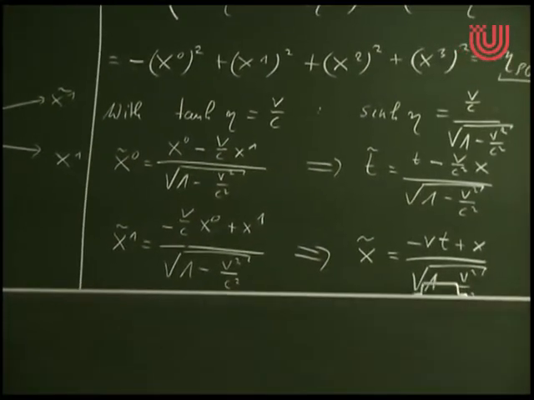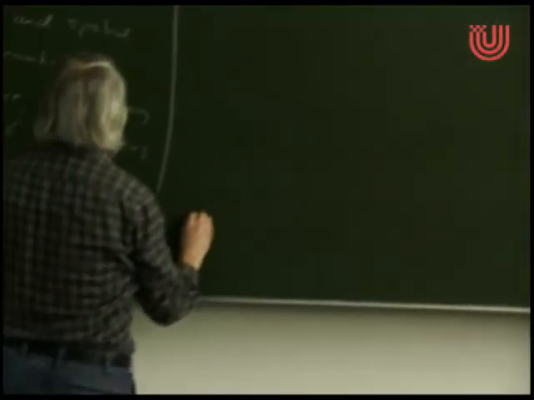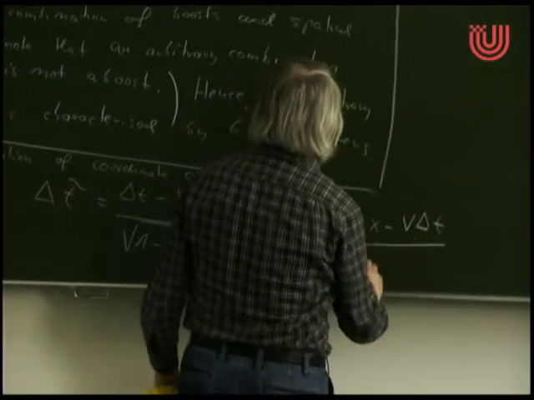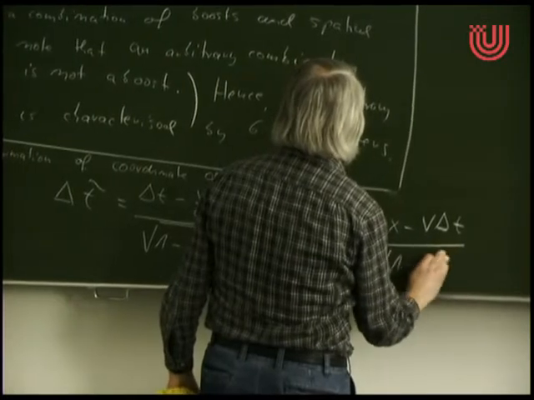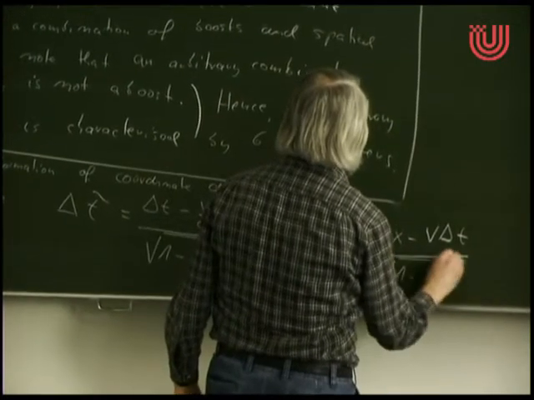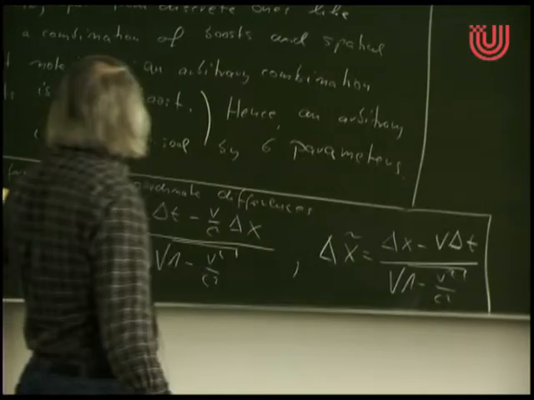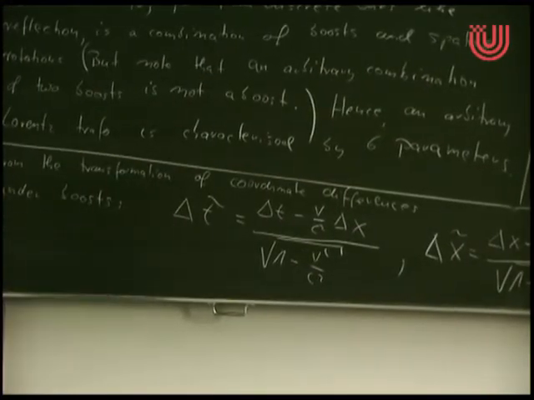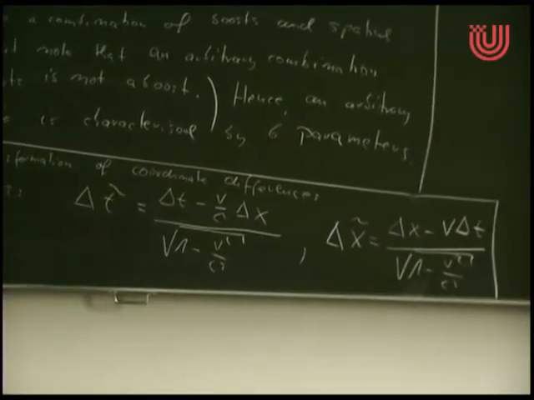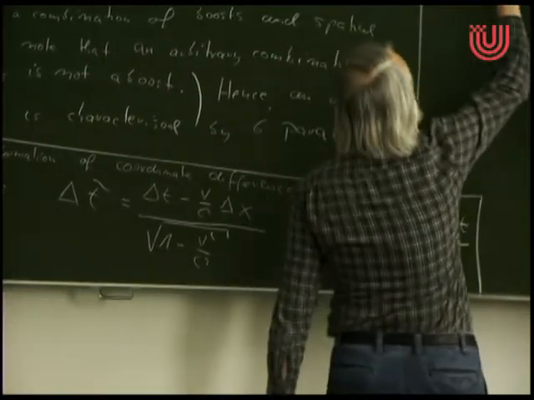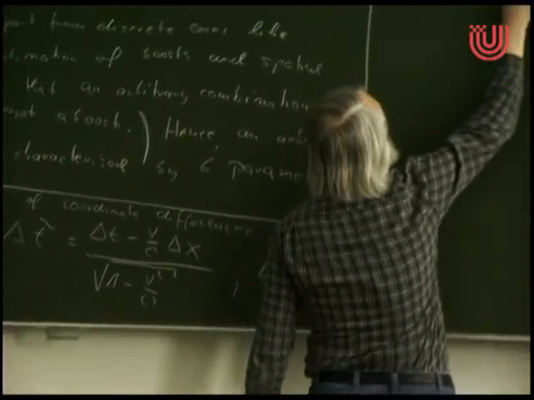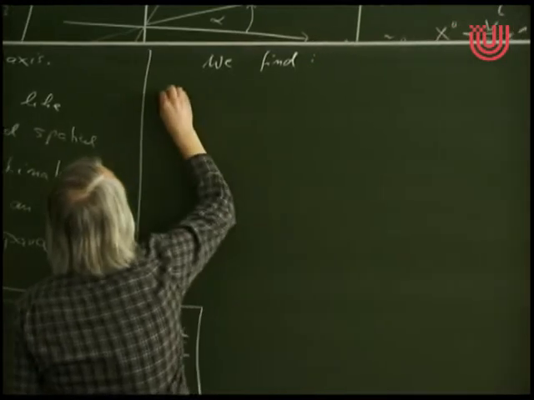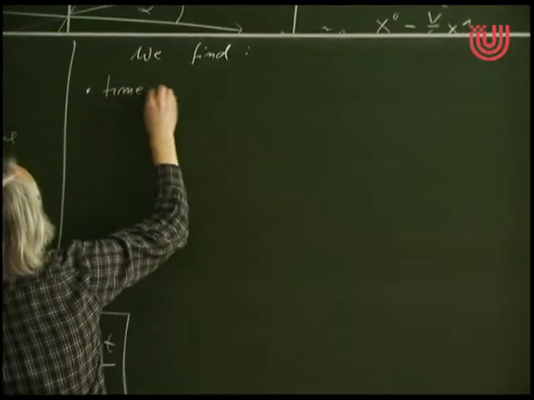Yes. v delta t, divided by the square root of 1 minus v squared over c squared. So from these two formulas, we find immediately the formulas for time dilation and length contraction. So let me quickly do this.